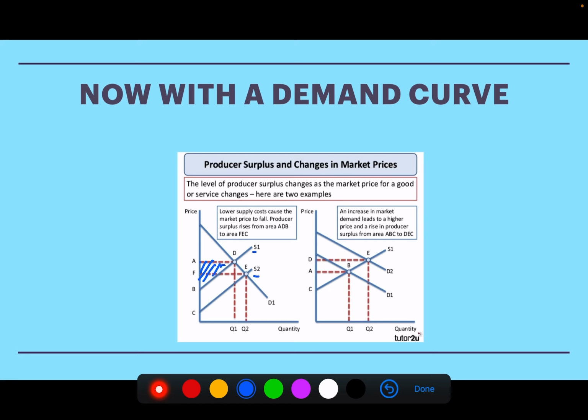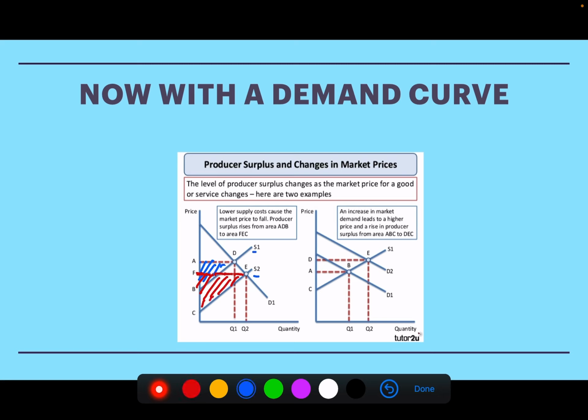So it's the area below the price, but above the supply curve. Our supply curve now shifts to S2, so our price has fallen to F. So now what we need to do, probably want to draw that in, is shade this area. So that is our new producer surplus. That's a little bit confusing, but you can probably see that it's slightly bigger.